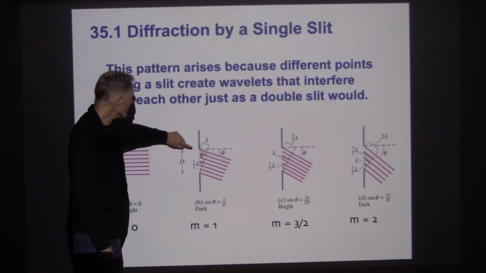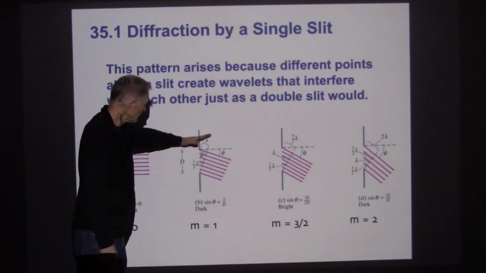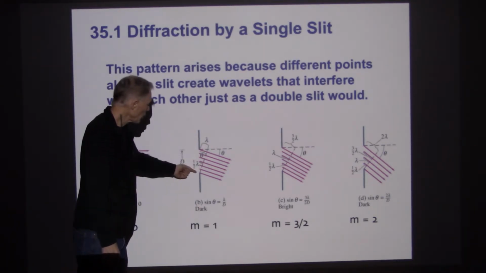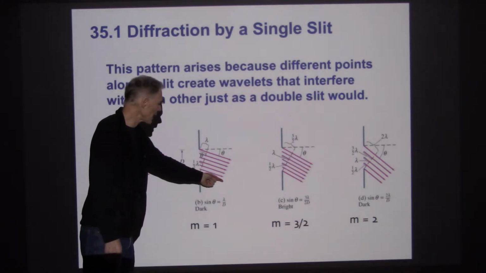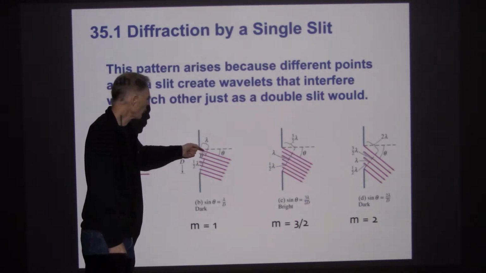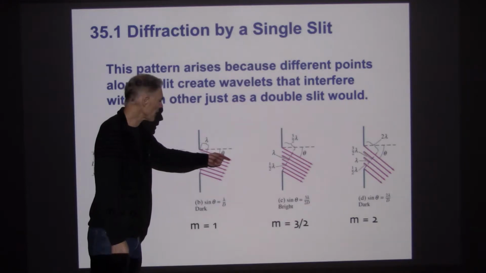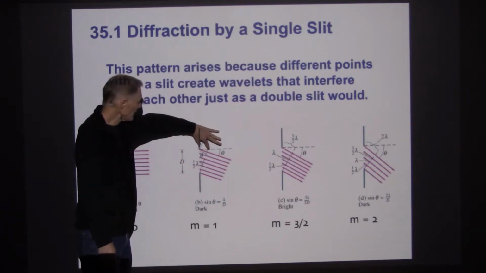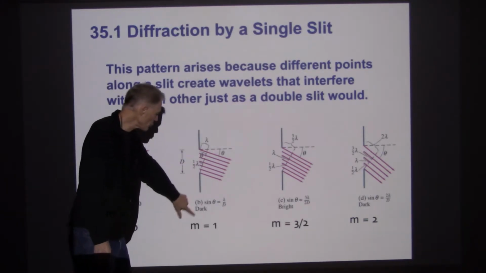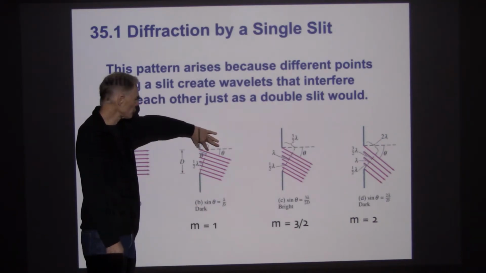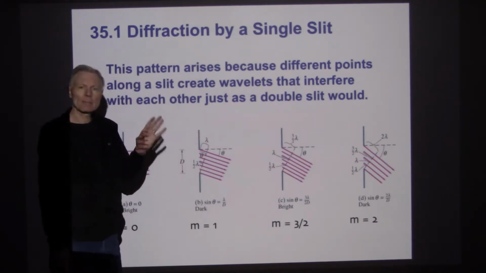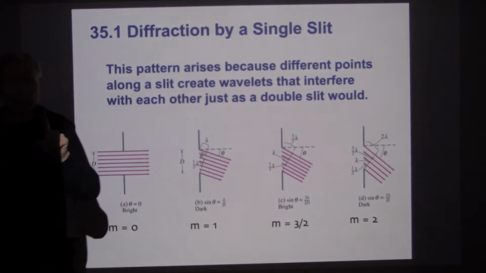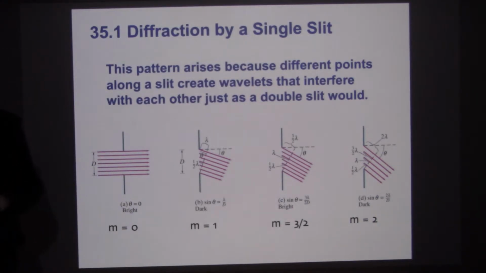One way to think about this is, once I move to an angle, one of these paths will be the shortest path to the screen, and one of them will be the longest path. And in this case, what they've shown is for m equals 1, this most extreme, longest path is going to be longer by one wavelength. That's why it's m equals 1.